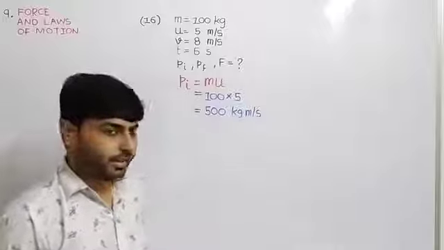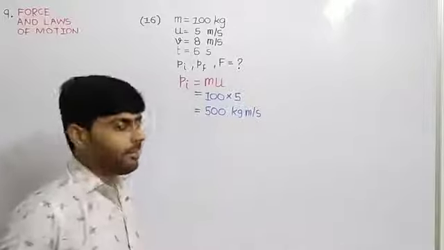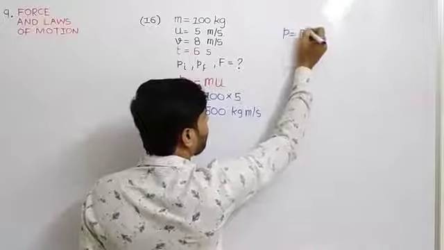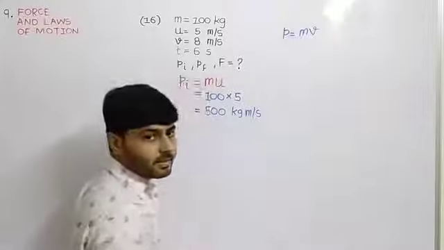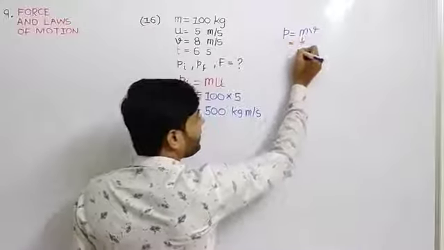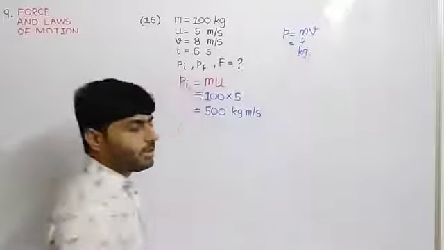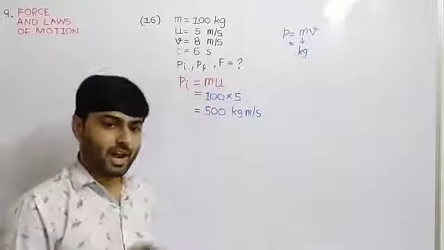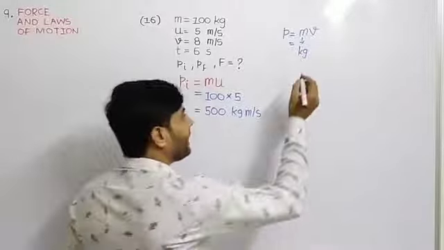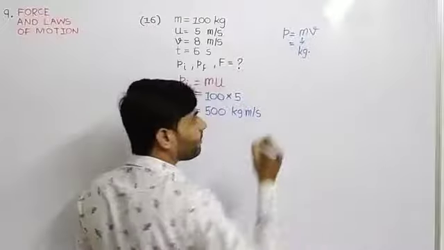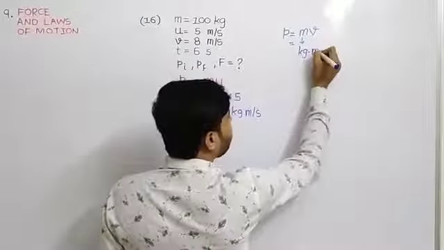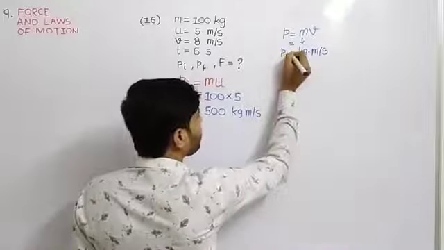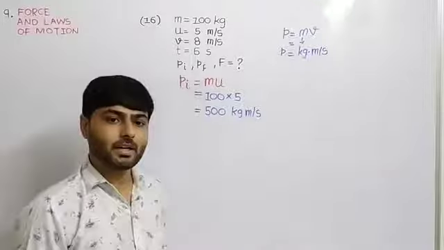Remember, you do not need to mug up this unit. We know that momentum is equal to mass into velocity. What is unit of mass? We know unit of mass is nothing but kg. We are talking about SI unit, Standard International Unit. And what is unit of velocity? That is meter per second. So we will have unit of momentum is equal to kg meter per second.